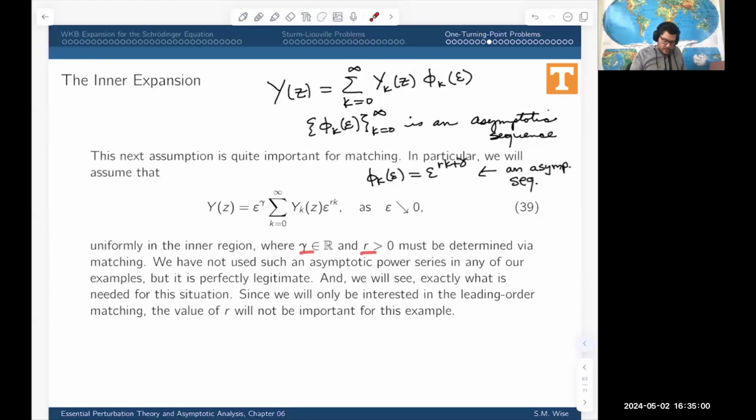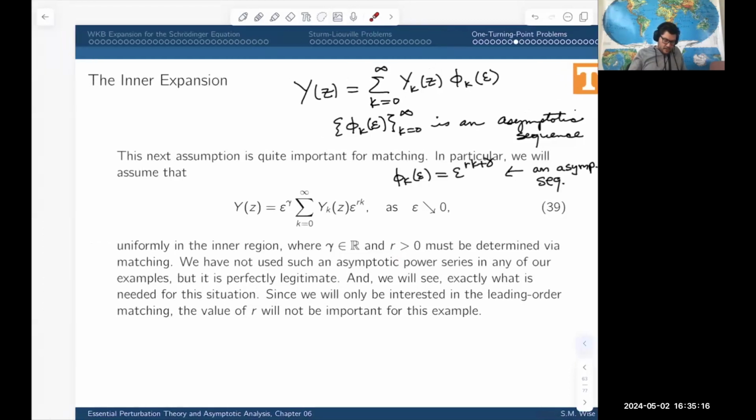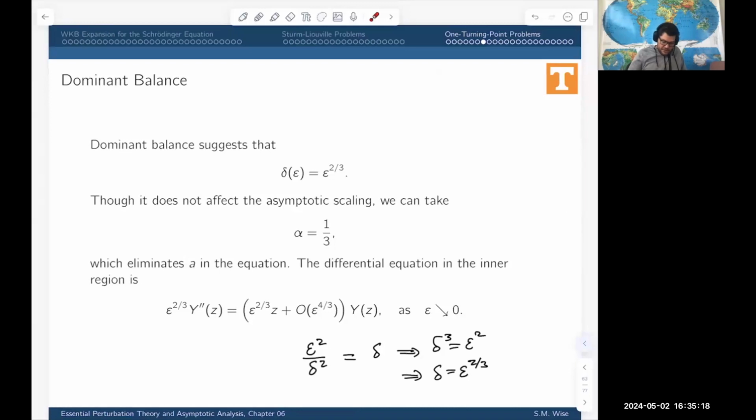That's perfectly good. Now I'm going to show, by trying to do my matching, exactly what this alpha and R should be. It's going to turn out that the value of R will not matter at all. However, you might want to guess that R should be 2/3, because in our dominant balance we found epsilon to be equal to 2/3.